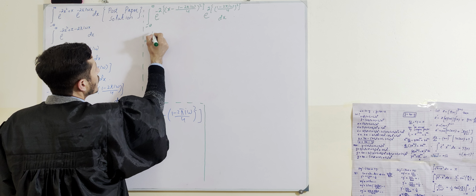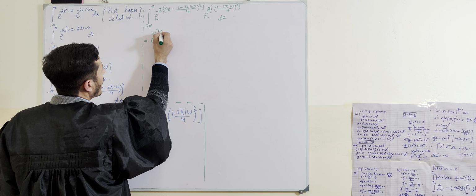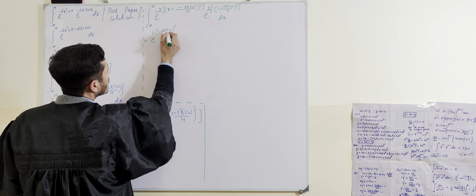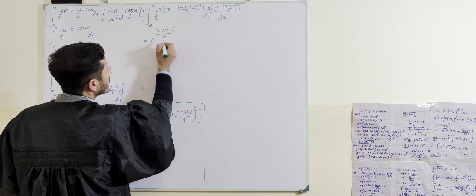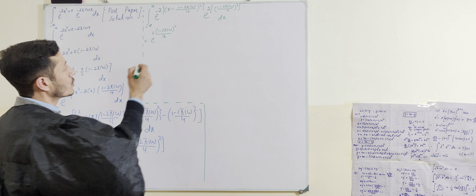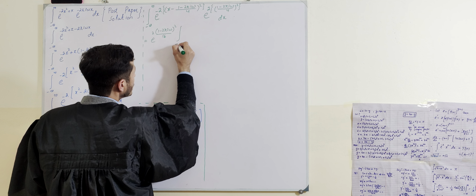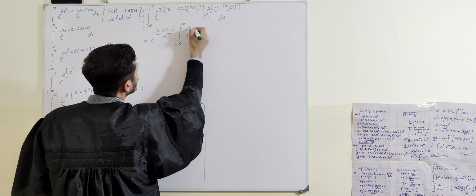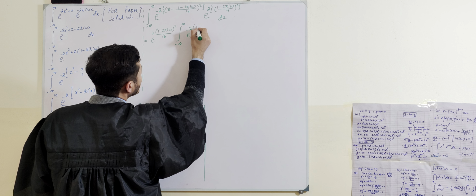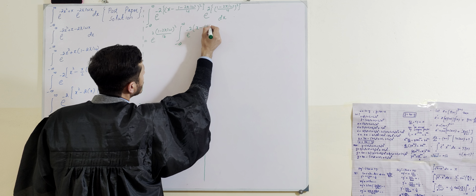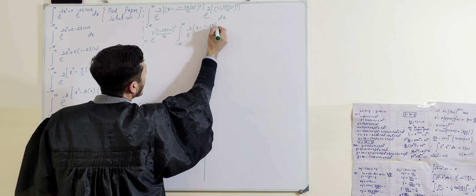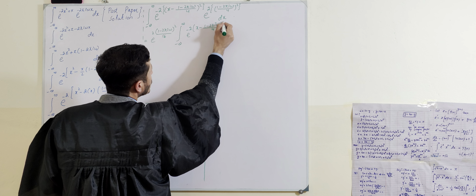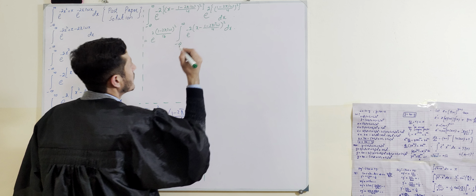It becomes e^(2(1 - 2πiω)²/16), since 4 squared is 16. The integration is now the integral from minus infinity to infinity of e^(-2(x - (1 - 2πiω)/4)²) dx.